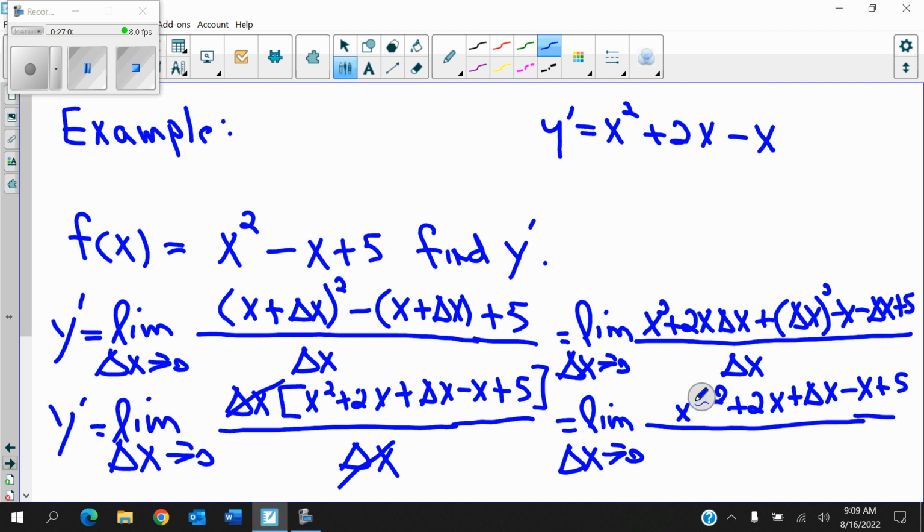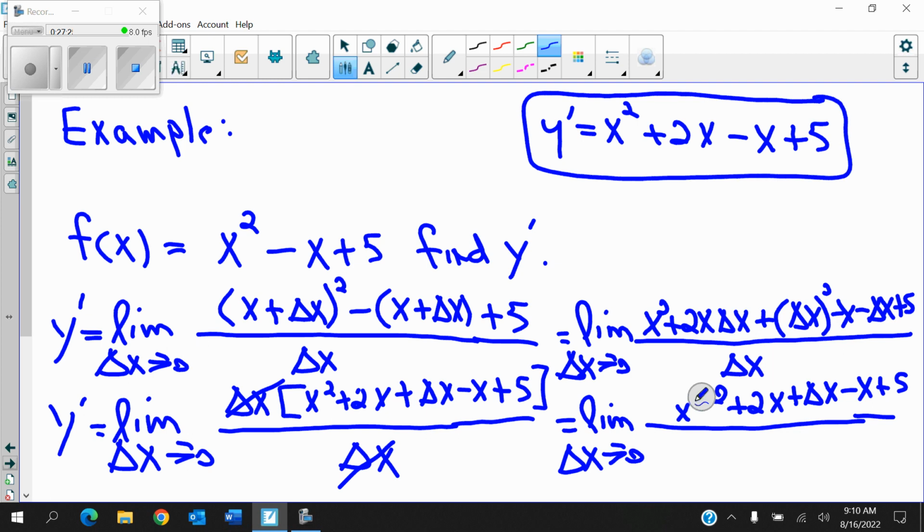Minus x plus 5. Check it there closely. But the delta x go to 0. Now they can go to 0 because there's no delta x down here. That's why we got to get rid of the delta x. So that is the derivative of that function.